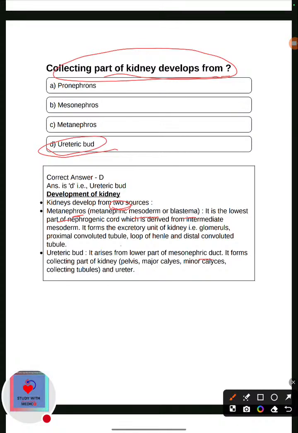It forms the collecting part of the kidneys: pelvis, major calyces, minor calyces, collecting tubes, and ureters.